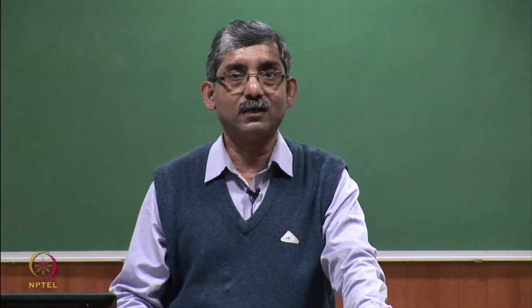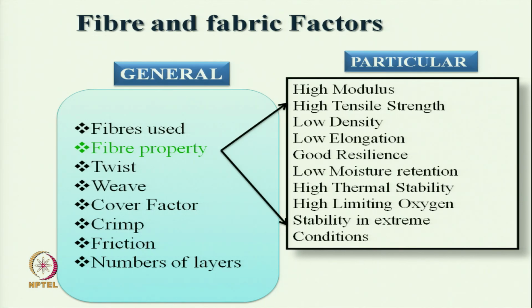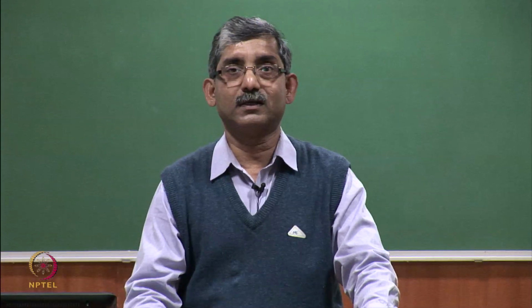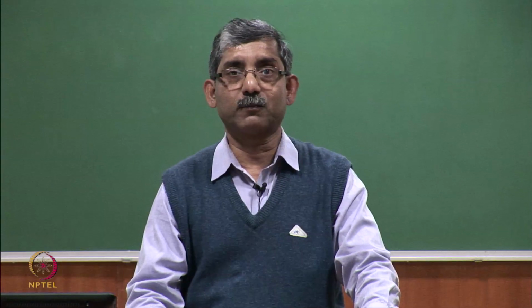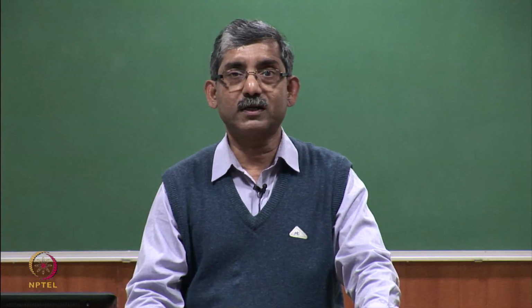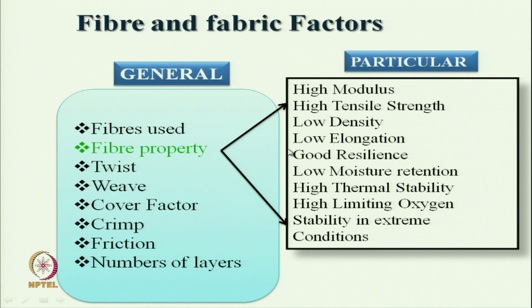Low density, because we need to reduce the mass of the clothing. Low elongation, because if the elongation is very high, then the bullet will simply penetrate; it should prevent the bullet. So, low elongation should be there.